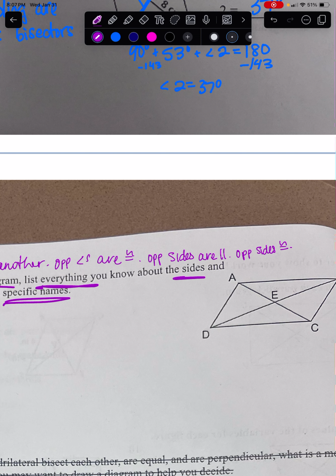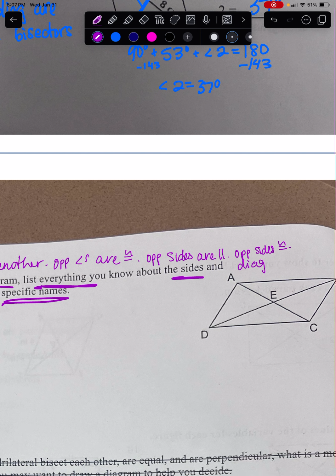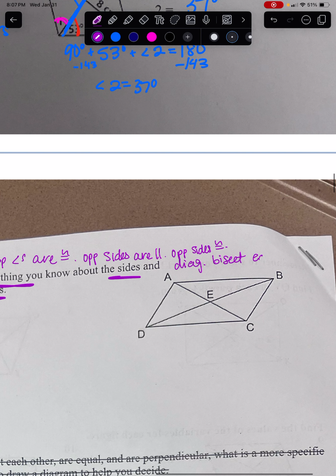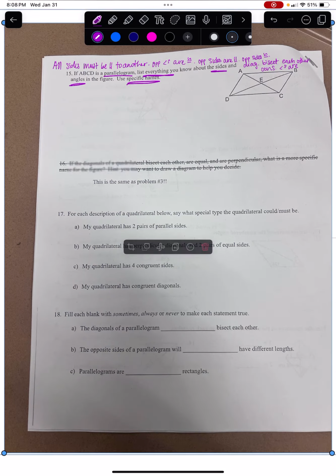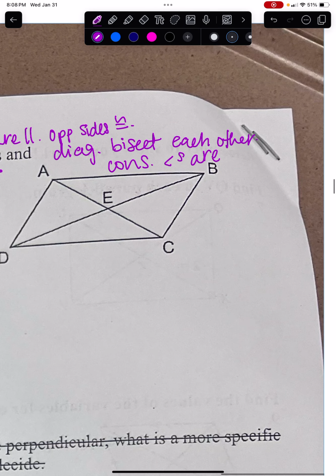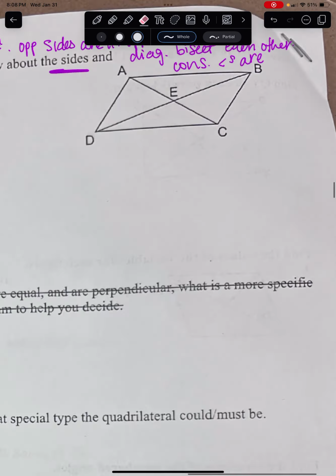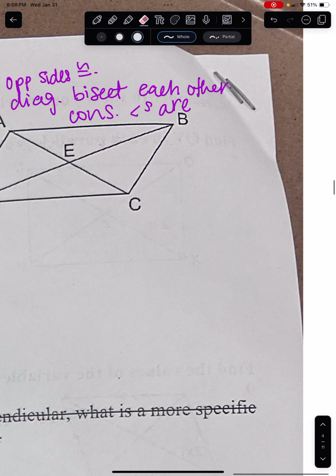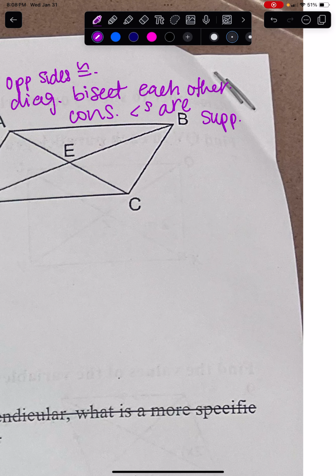What else do we know? What do we know about the diagonals? Diagonals bisect each other. Consecutive angles are supplementary.